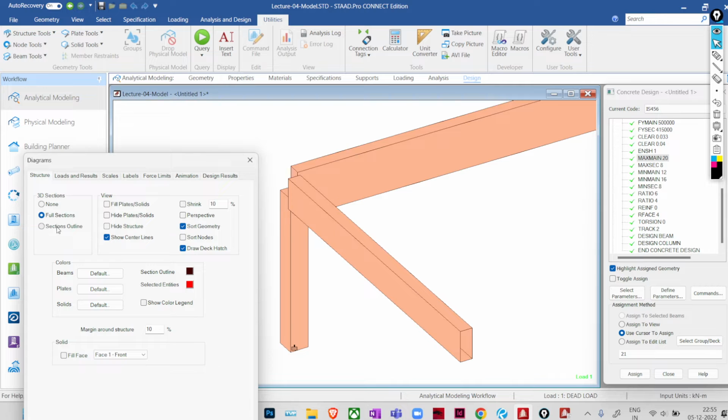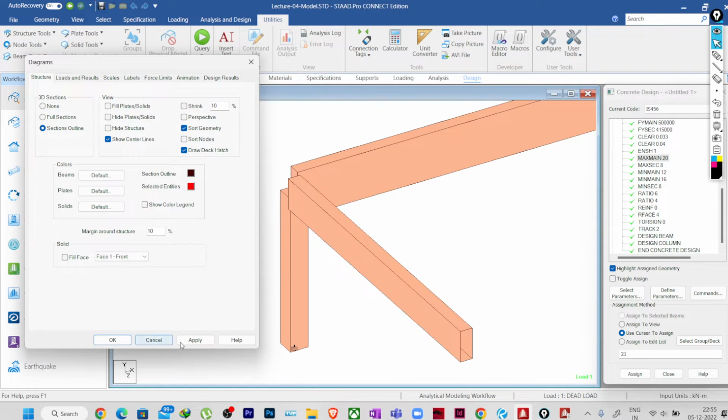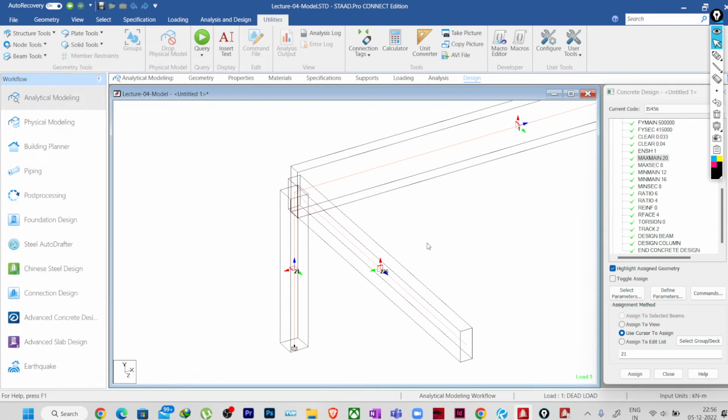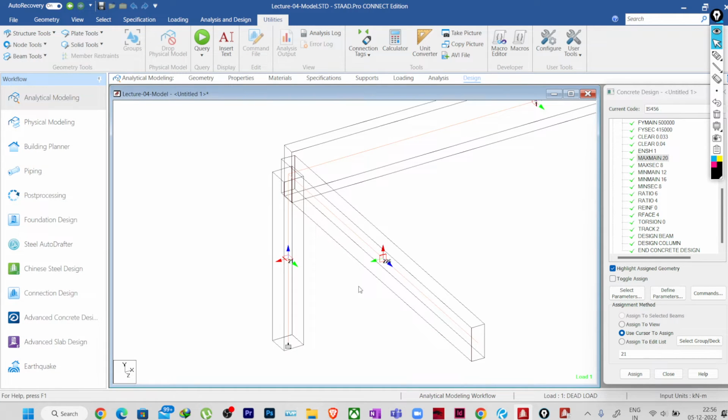I just forgot section outline actually. Yes, now it is better. I just forgot the shortcut actually. If you remember, please do use it. Otherwise I will tell you in the next class. So there is a shortcut to change these views from solid to wireframe to single line.